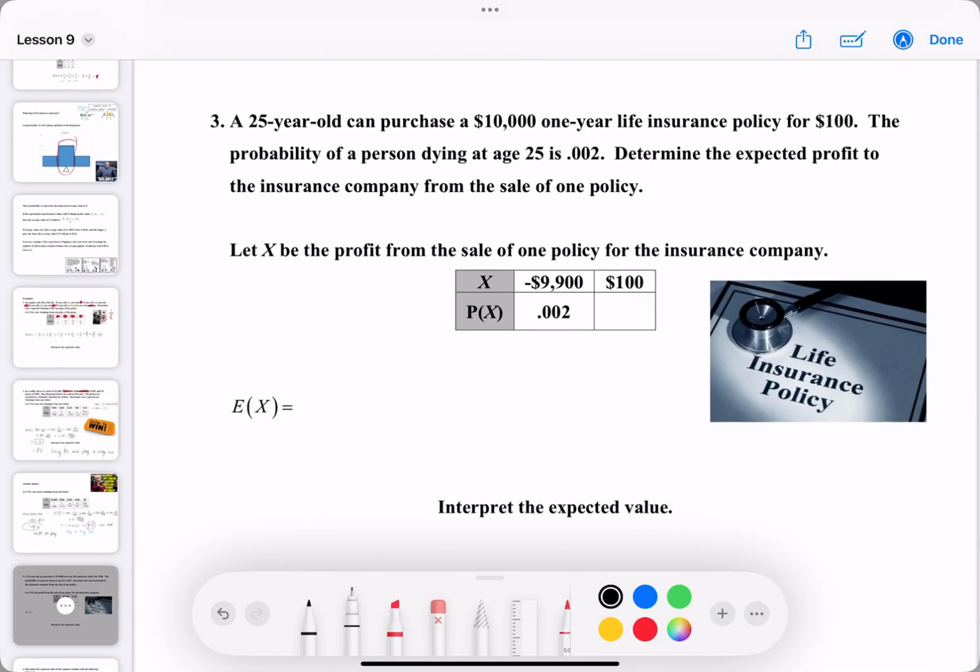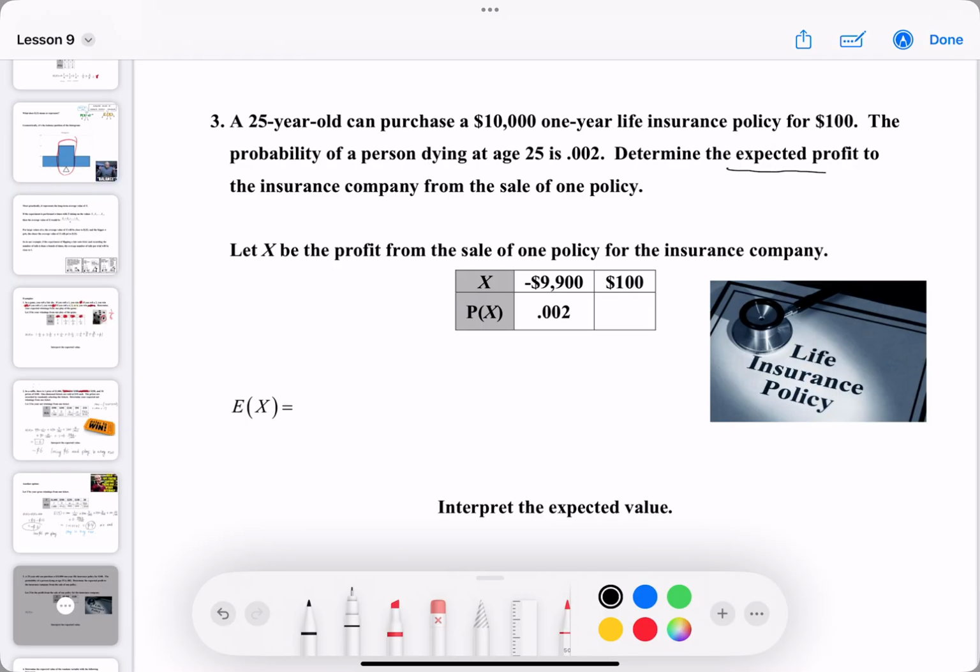Let's see the next example. A 25-year-old can purchase a $10,000 one-year life insurance policy for $100. The probability of a person dying at age 25 is 0.002. Determine the expected profit to the insurance company from the sale of one policy.